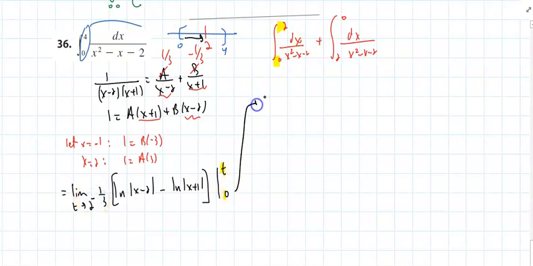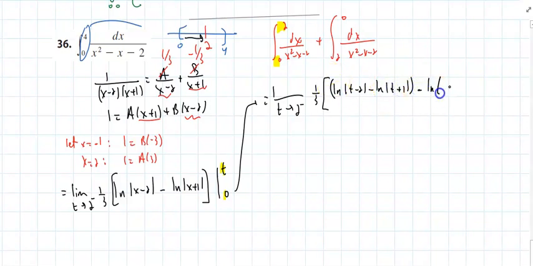And that would be the limit as t approaches 2 from the left of 1/3 times natural log of absolute value of t minus 2 minus natural log of t plus 1, minus natural log of 2 minus natural log of 1.